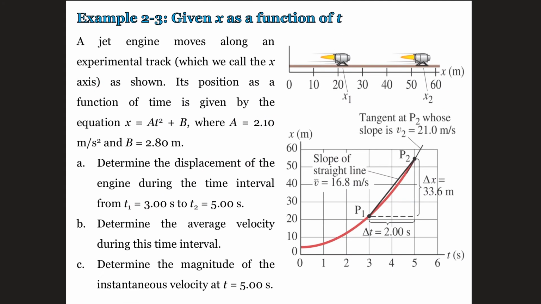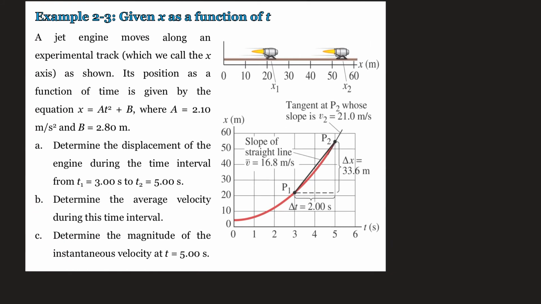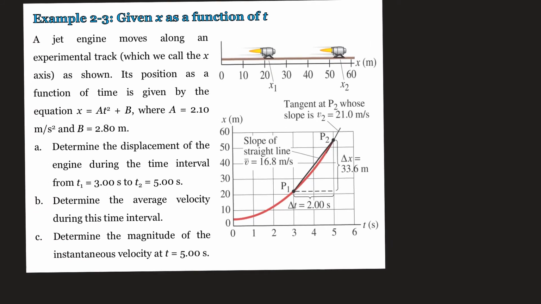In front of you there's a question, so let's do it together. The question asks you to find displacement. The first thing, when you have this question, is to find the displacement x at 3 seconds and the displacement x at 5 seconds.